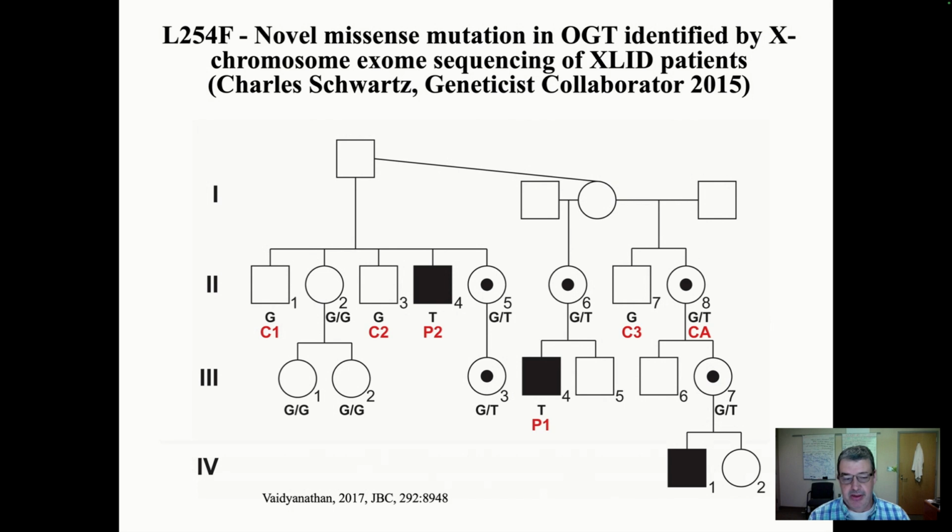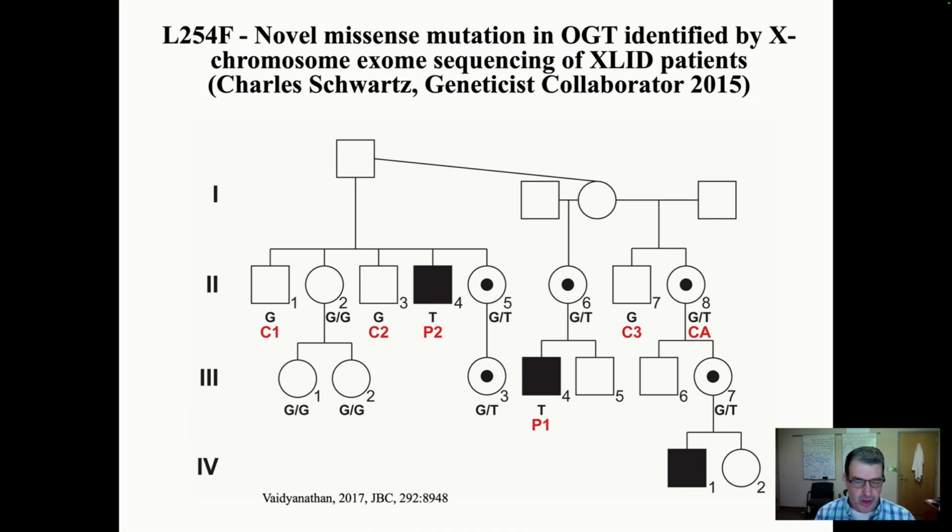I'm going to show you this really complicated figure. This is the very first mutation that was ever described, by Charles Schwartz, in my laboratory back in 2015, almost 10 years ago now. Males are squares and females are circles, and if they have X-linked intellectual disability, there's a dark square.